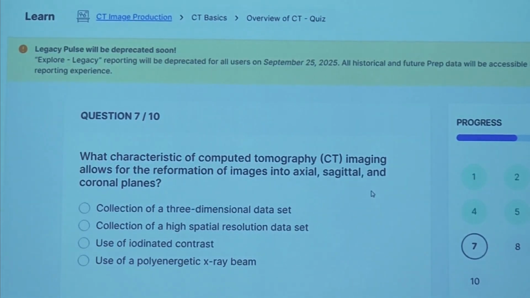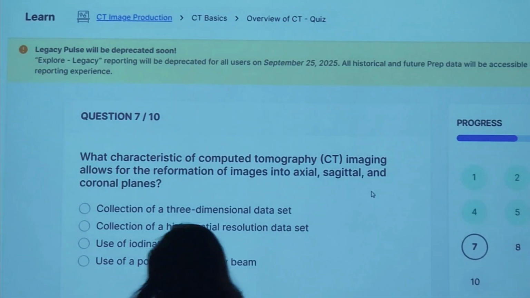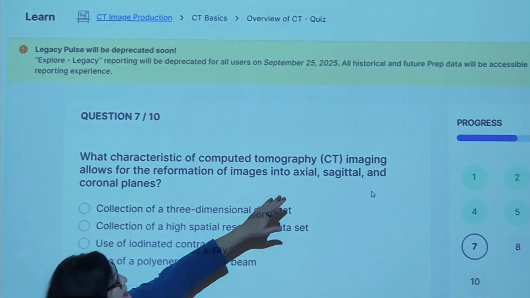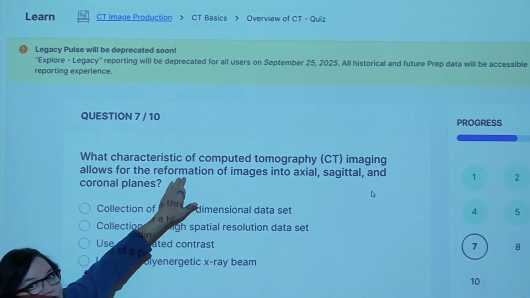No pressure. What's on the fence here? One and four are the ones that are throwing you into that. So if you can only pick one, what characteristic of a computed tomography imaging allows for the reformation?